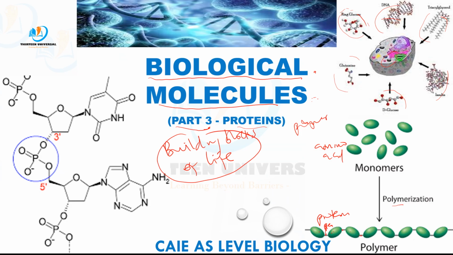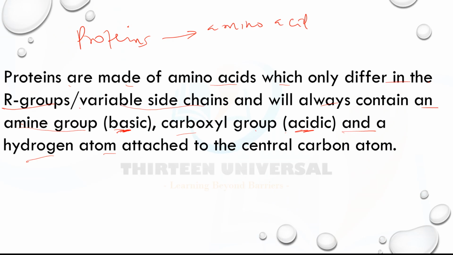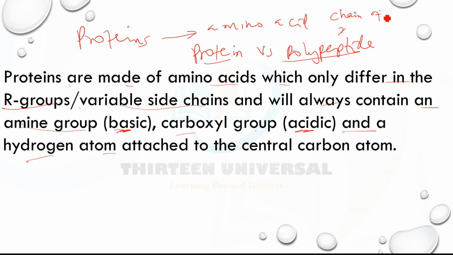Let's get back to what we're saying. I also want you to know there's a difference between protein and polypeptide. Very important. A polypeptide is a polymer of amino acids, just like a protein, but a polypeptide is just a chain of amino acids.